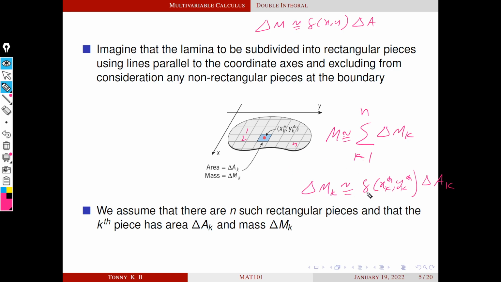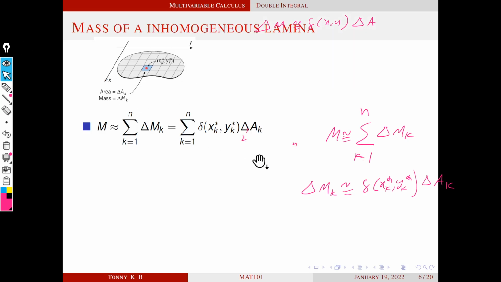Next we substitute this formula for delta m_k. So m is approximated using this expression. Ultimately we can approximate m using the formula sigma k equal to 1 to n delta(x_k star, y_k star) delta A_k.